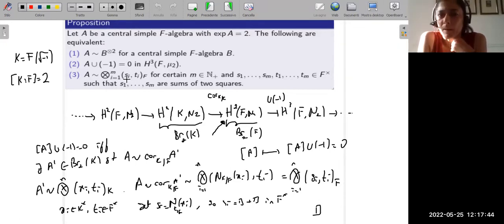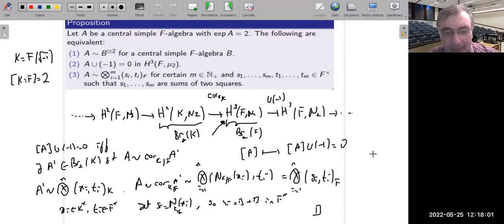As I being a sum of 2 squares means that it's a norm in this field extension. Yeah, sorry, I just wanted to clarify. Thank you.